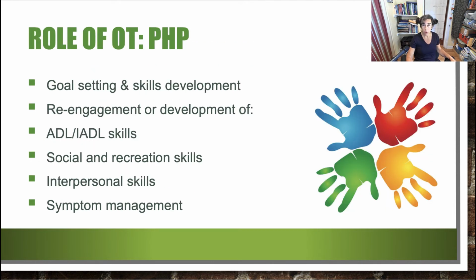The role of the OT in the PHP is to set goals and develop skills, and then also to re-engage or develop the following types of skills: ADLs and IADLs, social and recreation skills, interpersonal skills, and again, symptom management.